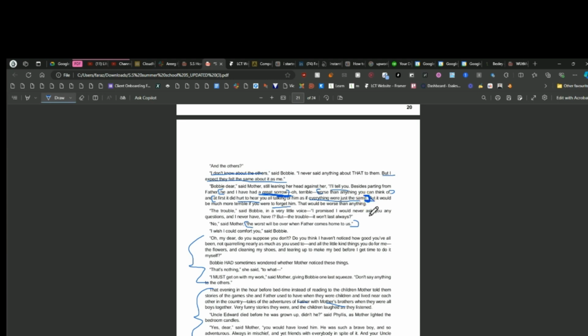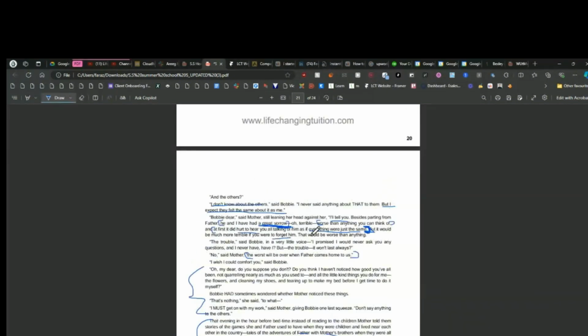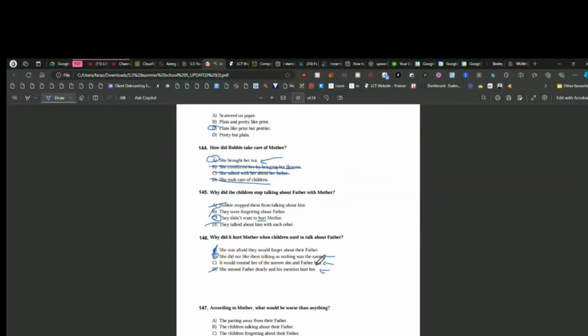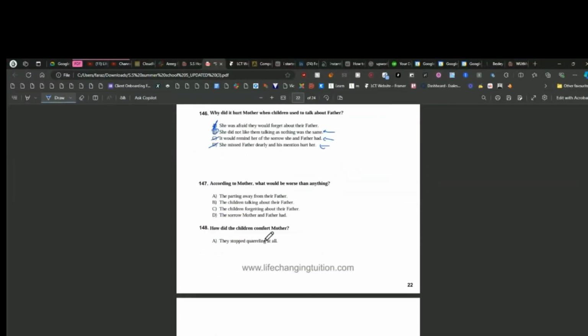What this line is explaining is at first it hurt, maybe it didn't hurt afterwards. So the only time it actually hurts is when they talk about him as if everything was just the same, which is why the answer would be B there. So 147.